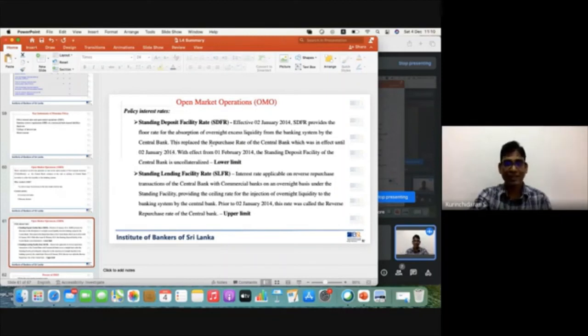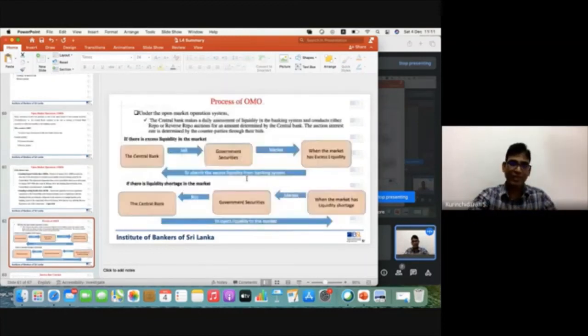Earlier we called it the repo rate and reverse repo rate. Now it has been changed. So deposit facility is the lower limit the central bank pays, and the SLFR is the upper limit the central bank charges on banks' borrowing. So any rates will go in between. We call it the interest rate corridor, right?